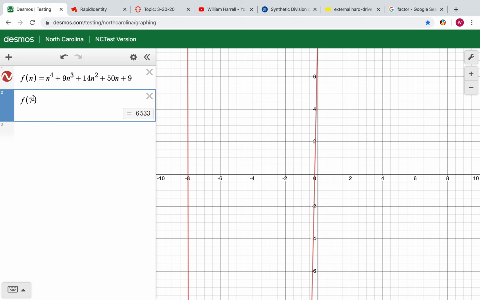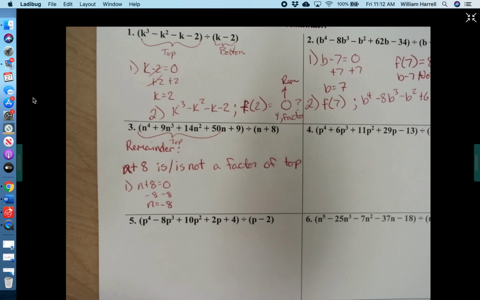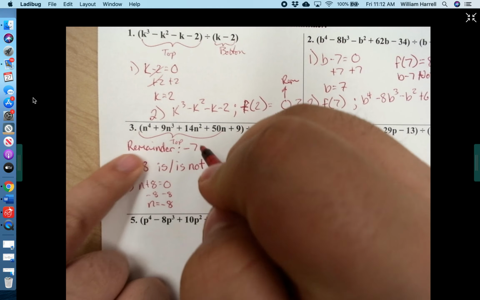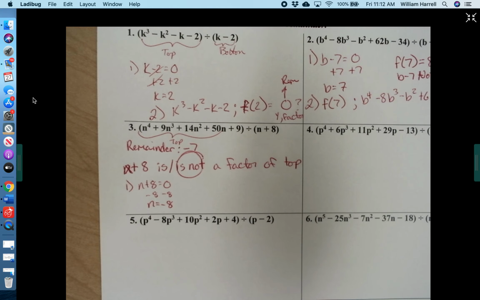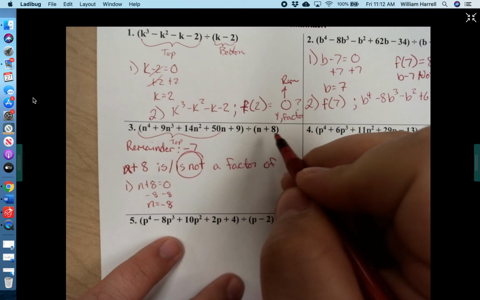Evaluate function f at negative 8. I got negative 7. So the remainder was negative 7. And my answer as far as being a factor, it was not a factor because f of negative 8 did not equal 0.